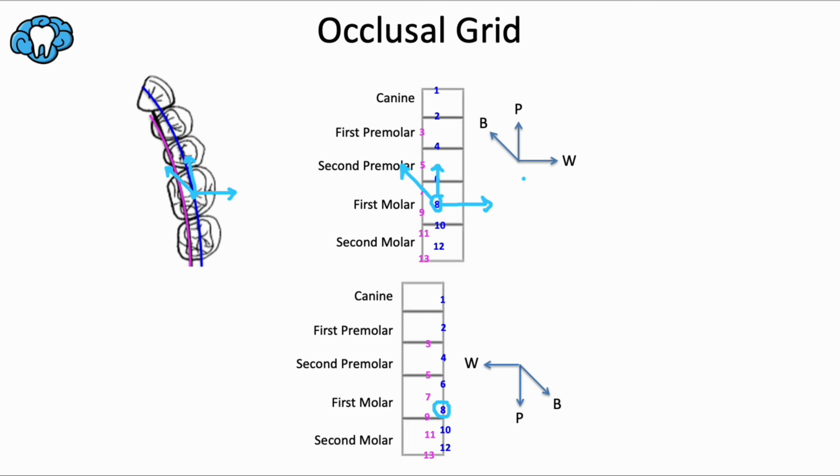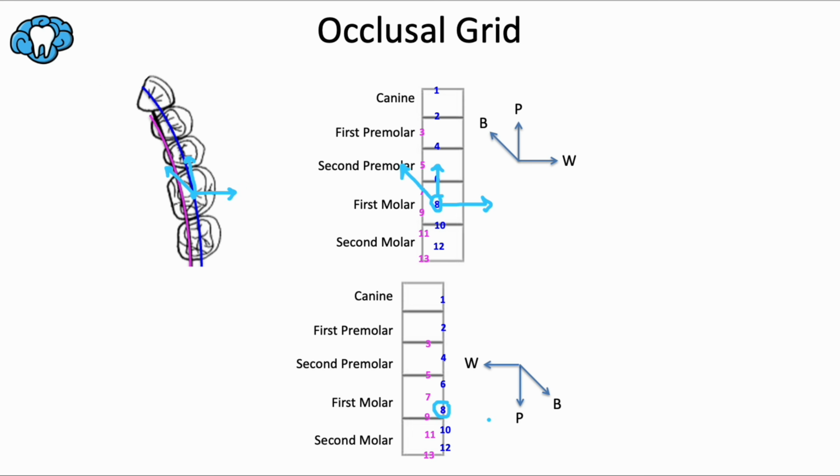And so these arrows to the right here represent the actual physical movement of the mandible and the mandible's teeth. So then the exact opposite directions can be used to describe the maxilla. Stay with me here. We know that the maxilla is stationary. It cannot move.